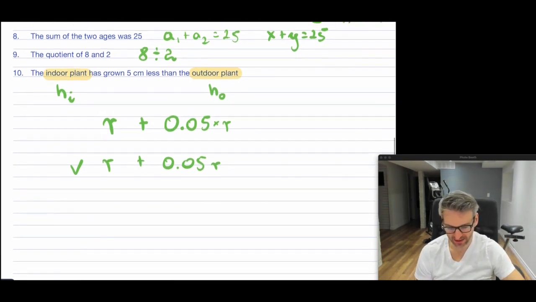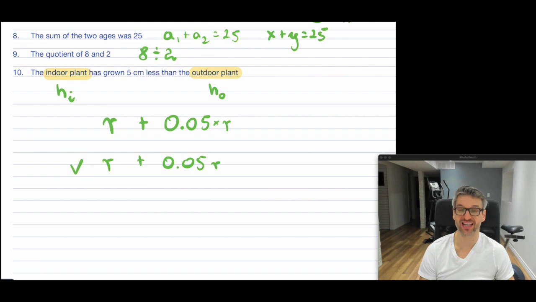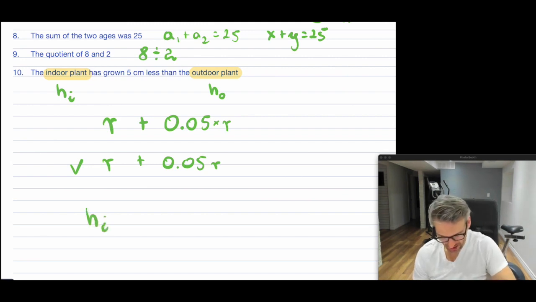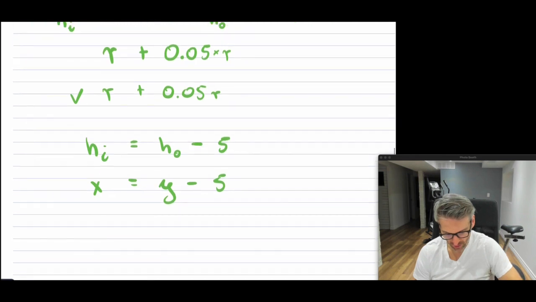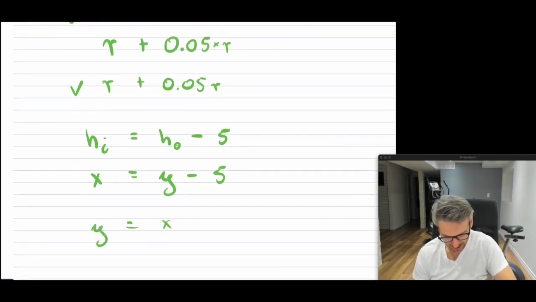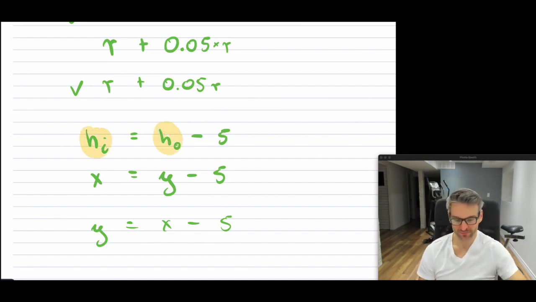In order to translate this, it has grown 5 centimeters less than. So h sub I is equal to the height of the outdoor plant, less than means minus 5 centimeters, like so. That's what you would do. Some people would call this x equals y minus 5, or y is equal to x minus 5. They're all the same, you pick your variables as you choose.